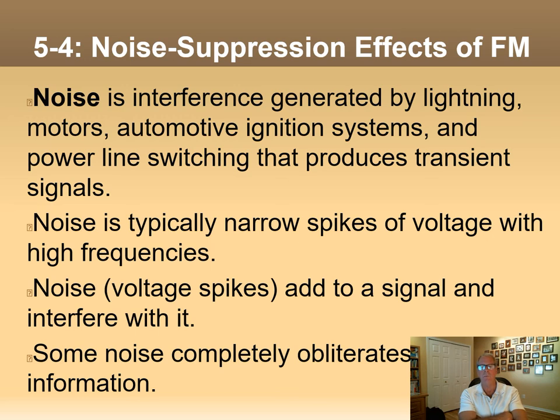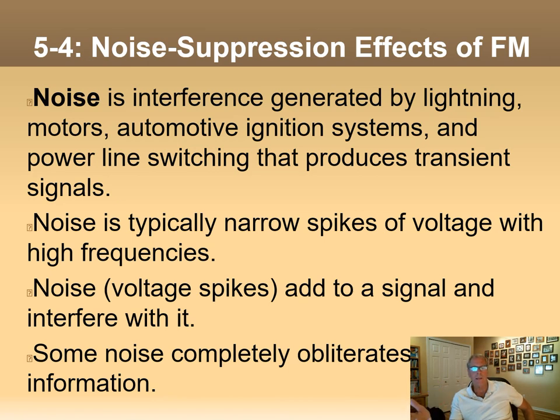Transient noise are narrow spikes of voltage, very high frequencies. They come and go. And noise is typically a voltage phenomenon. In other words, it adds to the amplitude or subtracts from the amplitude of the carrier in a broadcast signal. Sometimes it'll completely wipe out the signal, and that's not good, obviously. But remember what we said at the very beginning of this presentation.